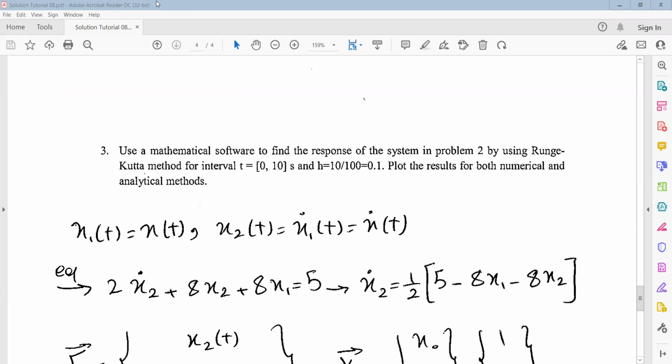Okay, any question from these problems? No question? This Saturday, you mean, because I think the due date is Friday.